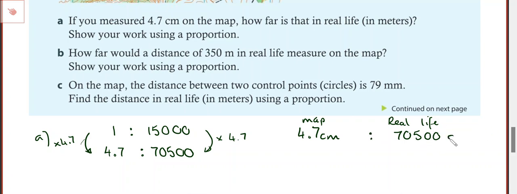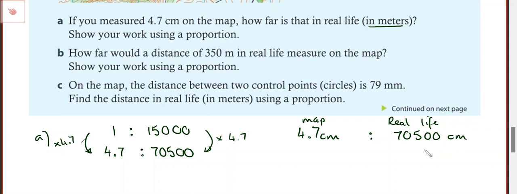Centimeters, good. It doesn't change. The number's bigger, but the units don't change. Now, that's fine. So 4.7 on the map is how far in real life? 70,500 centimeters. But they want it in meters, not centimeters.